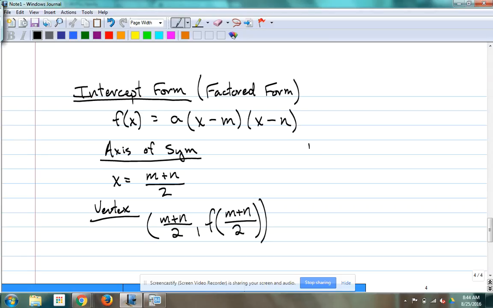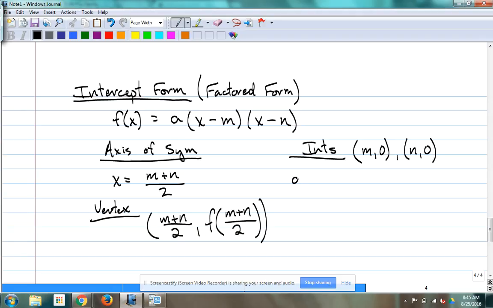Okay. Let's get our intercepts. The x-intercepts are the easiest part of this one. So the x-intercepts are (M, 0) and (N, 0).